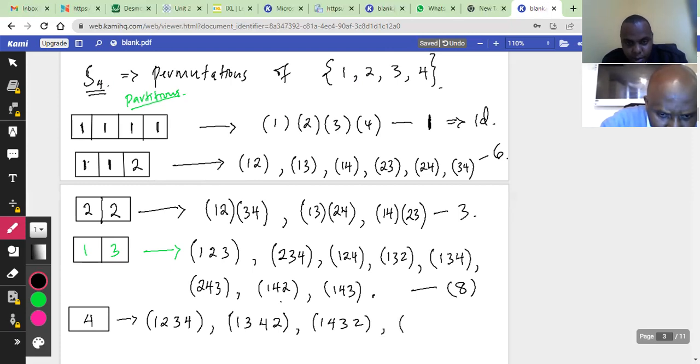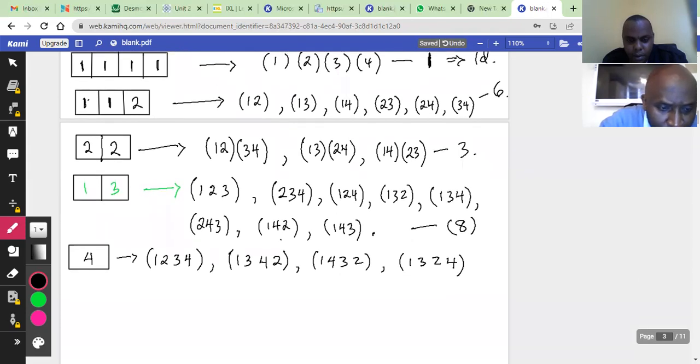Next one. 1 goes to 3, 3 goes to 2, and 2 goes to 4.